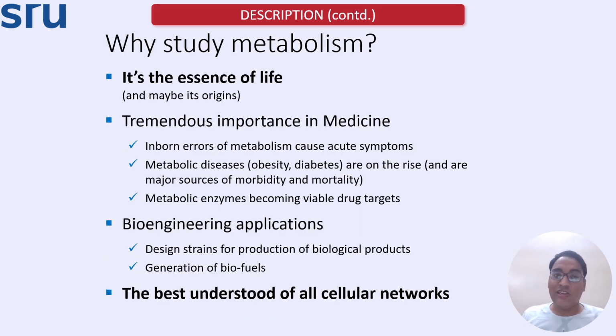So it is the essence of life and of tremendous importance in medicine. For many diseases, we are unable to control certain enzymes, certain paths. Some functional networks go wrong, like obesity or diabetes. We are unable to control the glucose concentration in the blood.